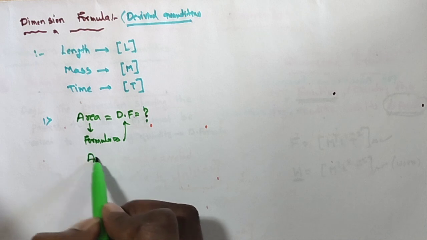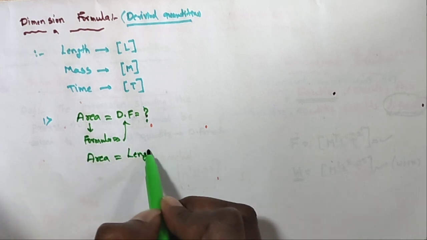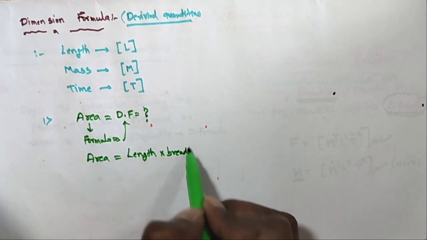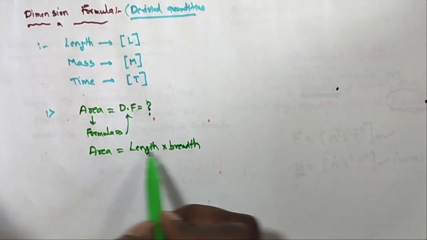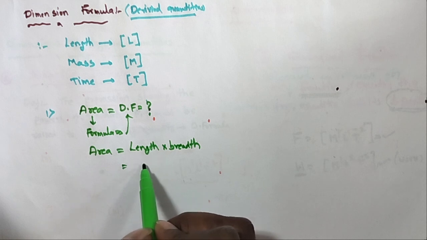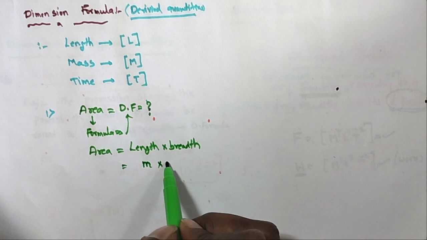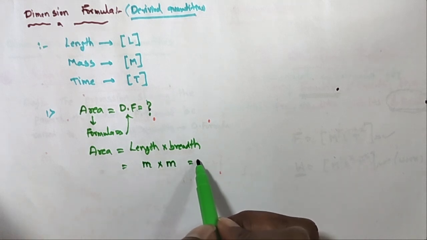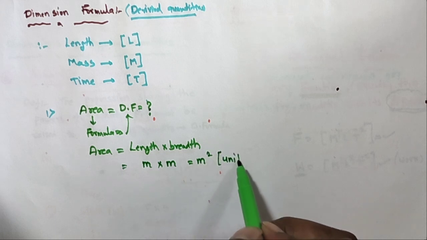Area is equal to length into breadth. The length is measured in meters and breadth is measured in meters. So meter into meter, that is meter square. These are the units.